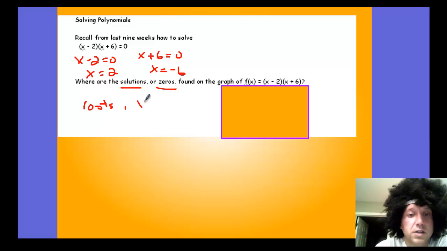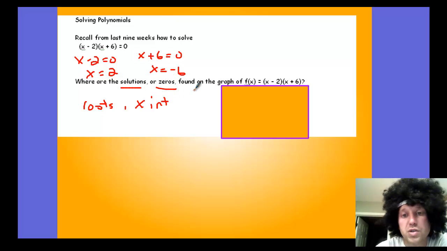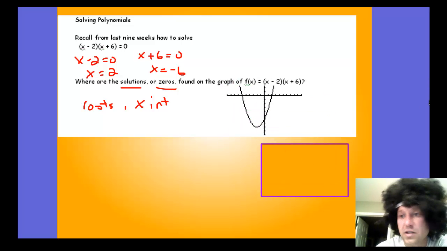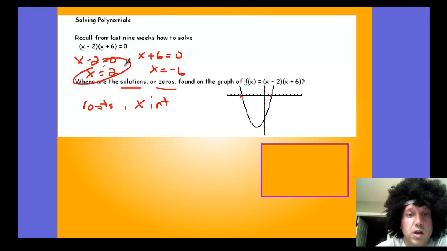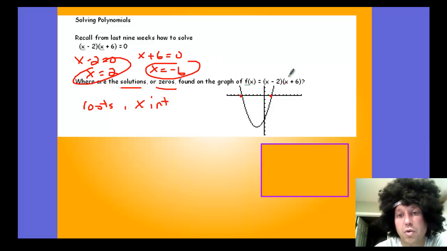Roots, x-intercepts, zero solutions. And so for the graph, where does that occur on the graph? We already talked about that. It's the x-intercepts. So we should see that there should be a spot here and here at 2 and -6 where the parabola crosses it.